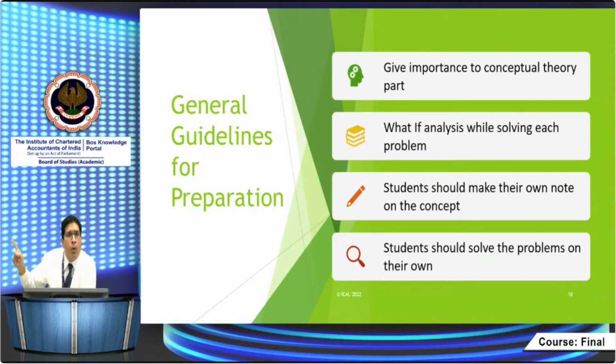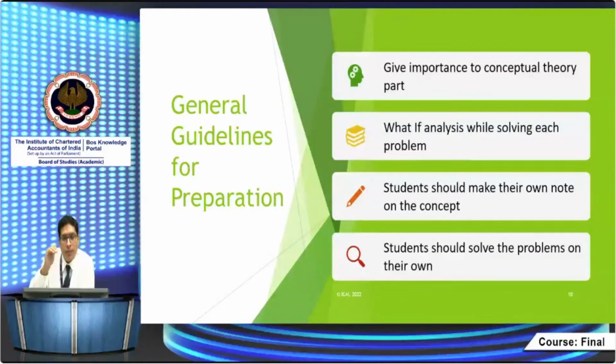At the time of study, when Y was doing his or her study, she filtered so many points written in the study material. After that, Mr. X goes to the exam and sits in the exam, and he further filters those points.